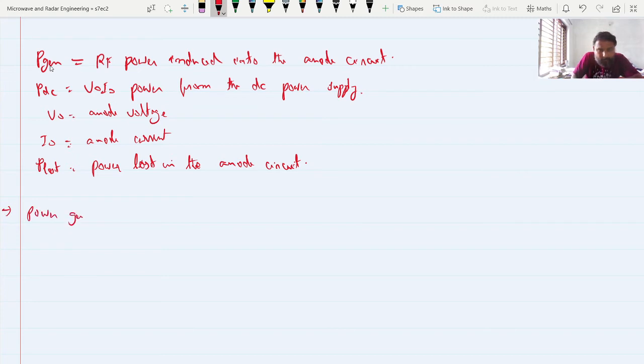Okay. So finally the power generated by the electron can be written as V naught I naught minus P loss, that is nothing but the RF power generated in the magnetron oscillator.